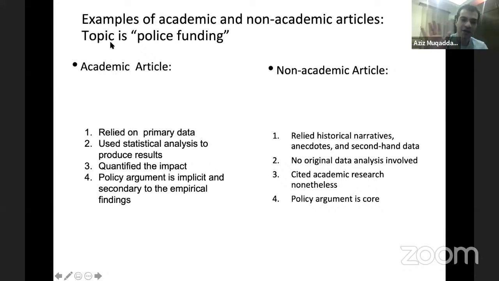So non-academic articles are not out of the blue, at least the good ones. The good ones would still rely on some aspects of research, but the policy argument or whatever argument is the key to that. The main purpose of non-academic articles is to make an argument. Hence, it's an opinion piece, right? It has to have an opinion, right?